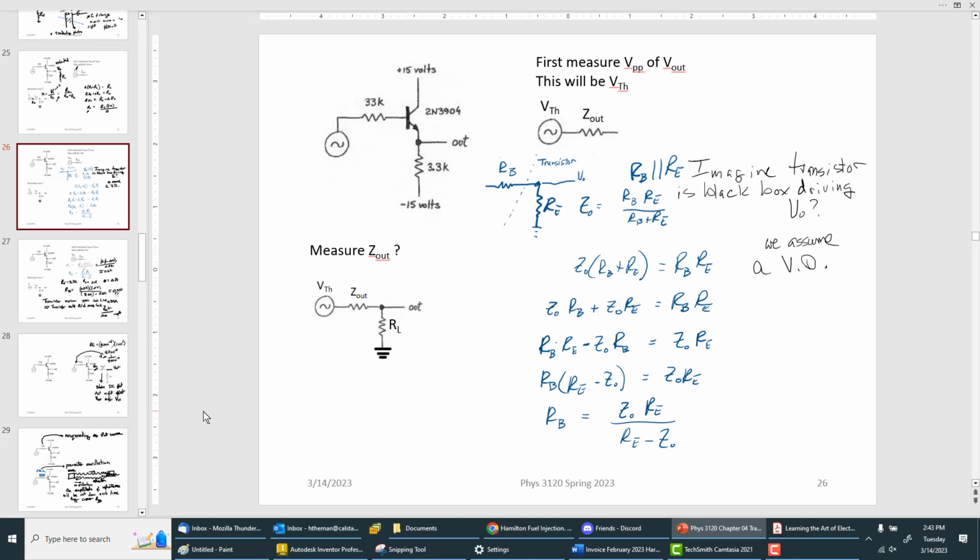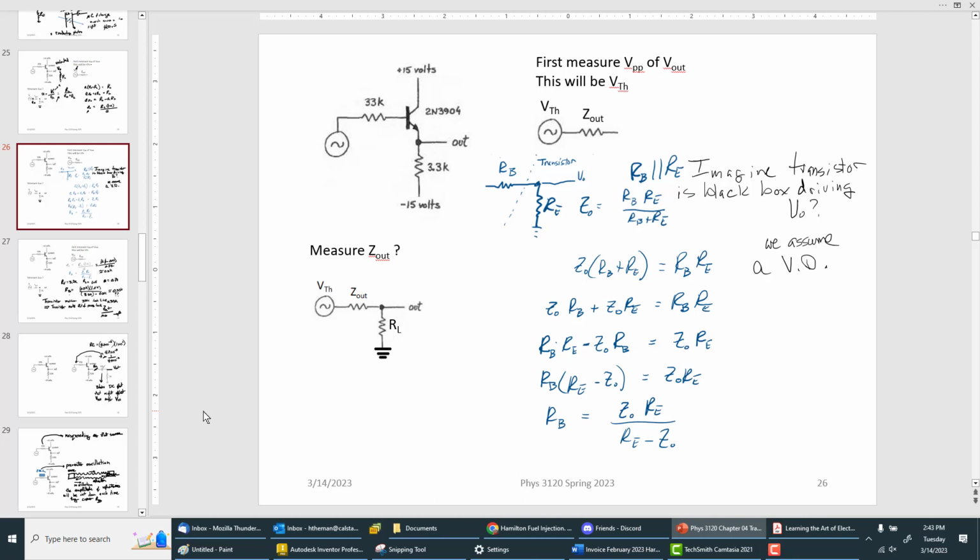So it has some, and we see RE, but we don't know much about RB. We know we have to assume there's a resistor back there. So if we use that model, and I guess we know there's an RB there. We just don't know quite exactly what the transistor does.